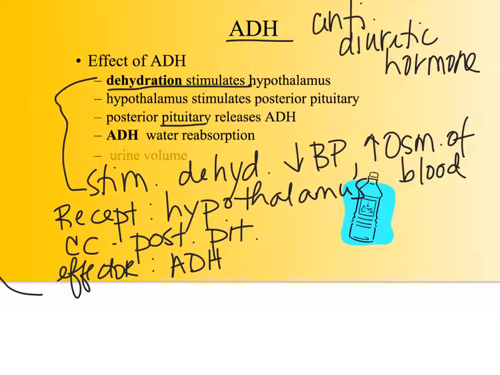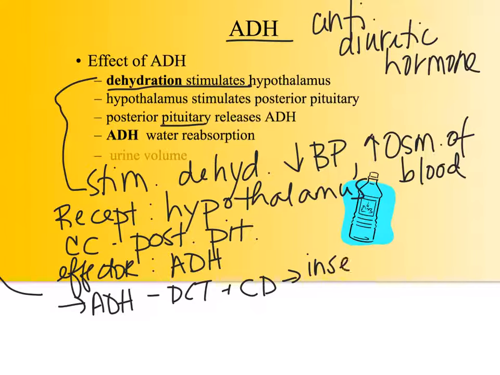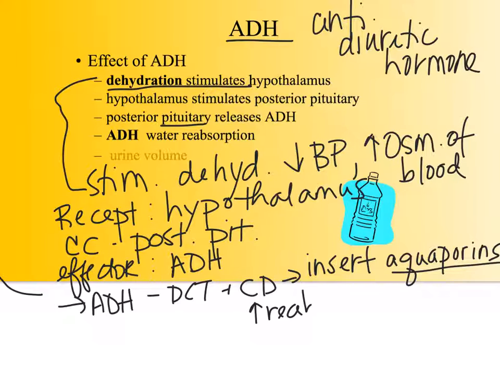What anti-diuretic hormone does is it works on the DCT and the collecting duct. Basically, it triggers the genome to insert these pores that are called aquaporins. If we make more of those, we're going to reabsorb more water.